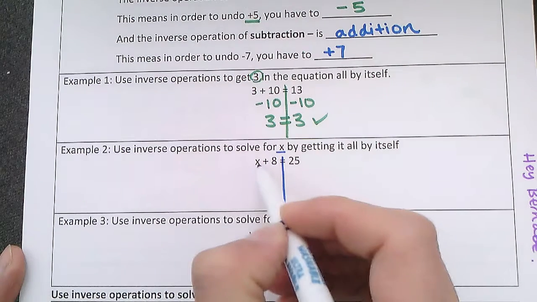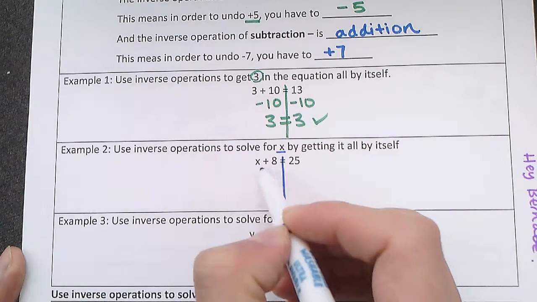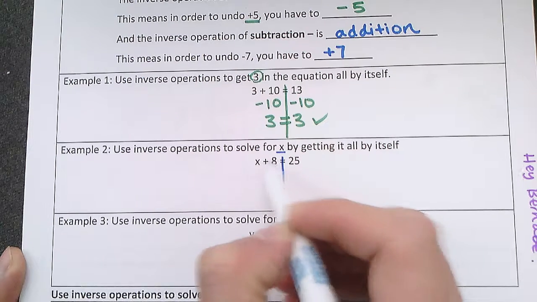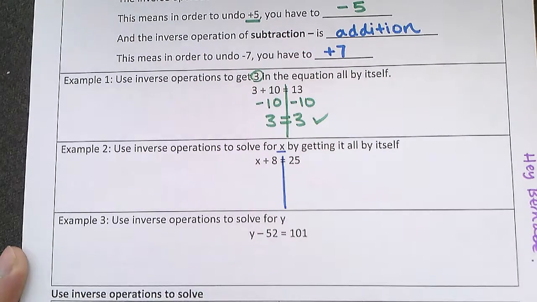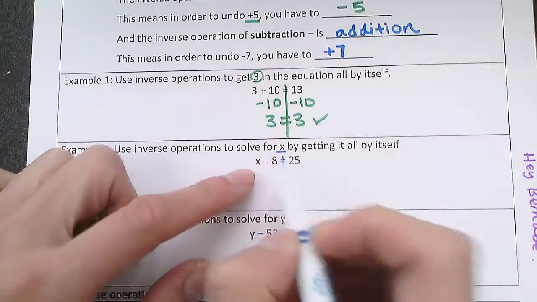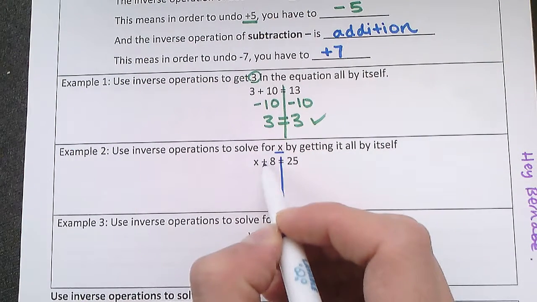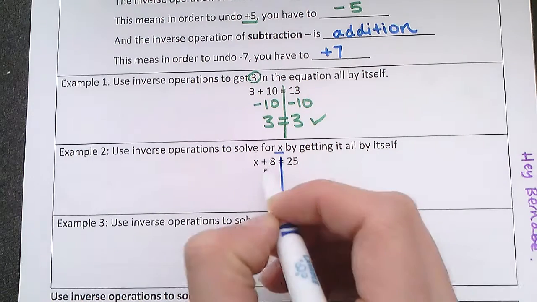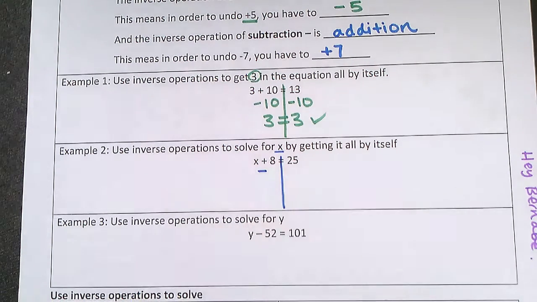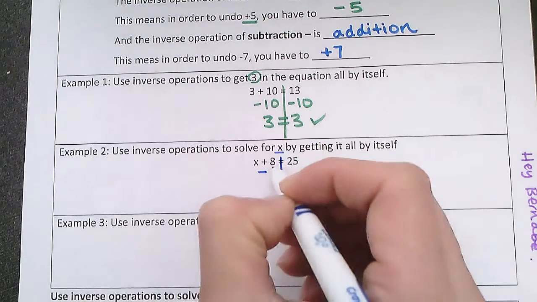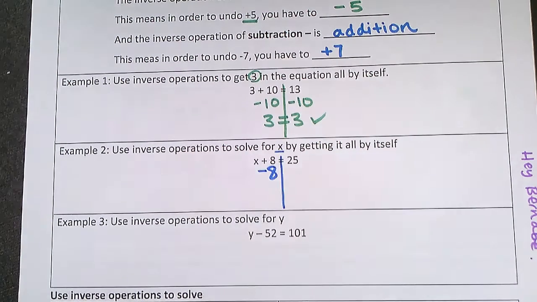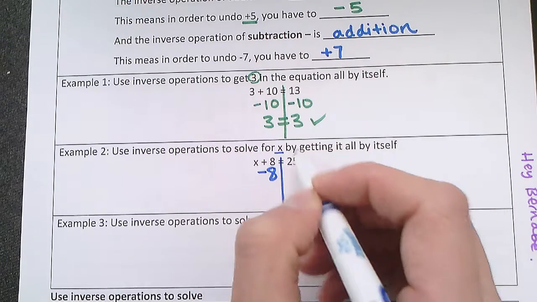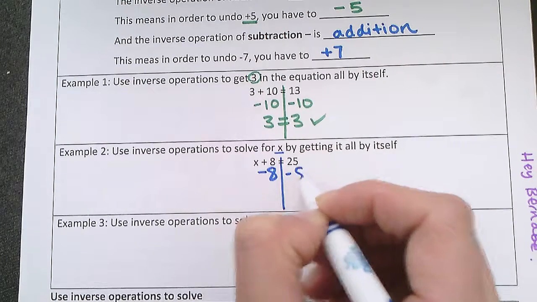And we want to get this x all by itself. So on the left side of this equal sign, we have x plus 8. And we want to get rid of this plus 8 because we want x all by itself. So I think to myself, well, what is the inverse operation for plus 8? Well, it's a plus, so that means it's going to be a minus. And we want to get rid of the 8, so we'll do minus 8. And if we do minus 8 on the left side of the equal sign, we also have to do it on the right side of the equal sign, like that.